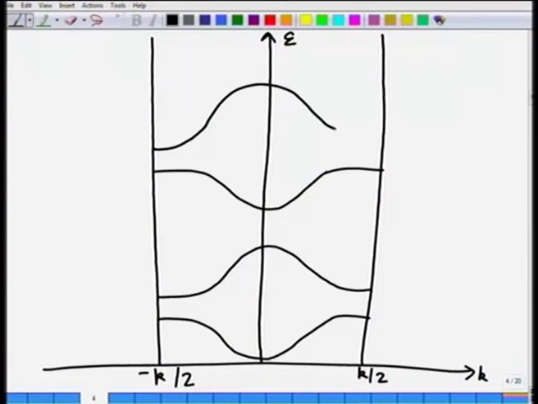These are again the 4 bands which I have. In this case, again I put all these electrons here.